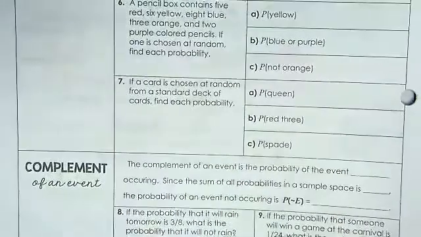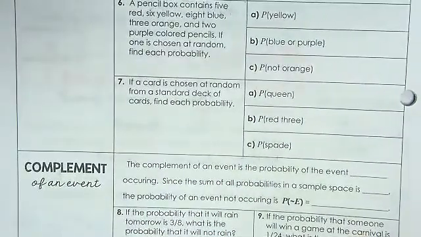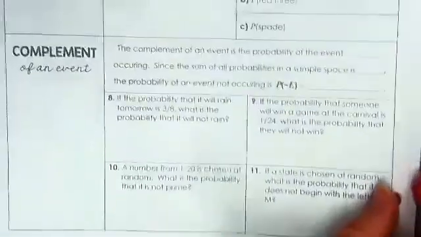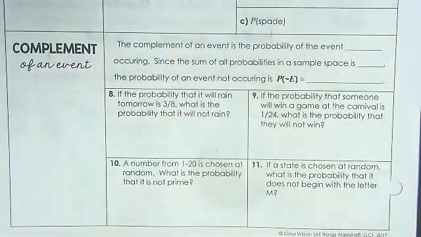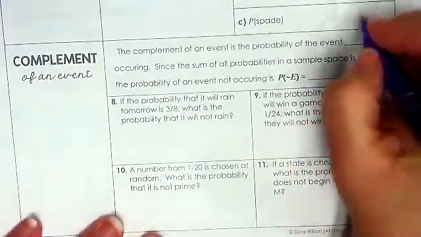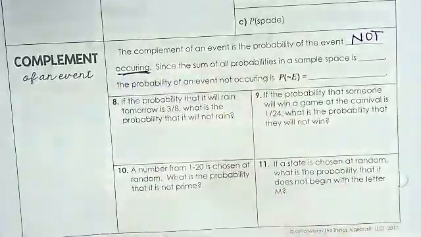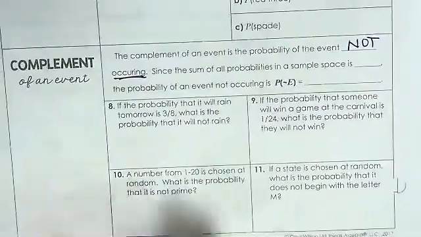On the back, flipping over. Okay, we're going to come down here to talk about the complement of an event. The complement of an event is the probability of the event not occurring. So it's the opposite of the probability when you think about it.